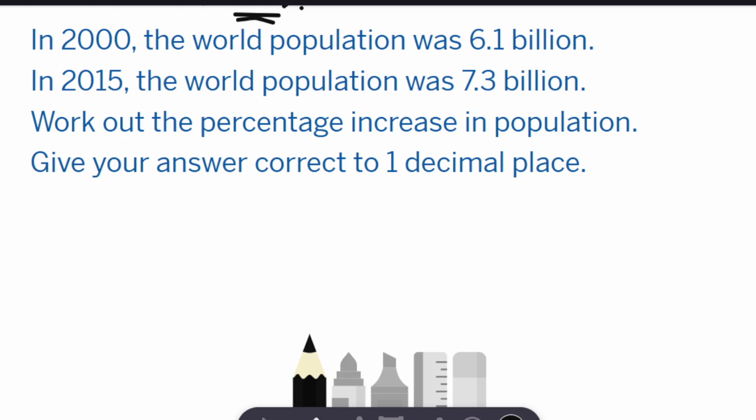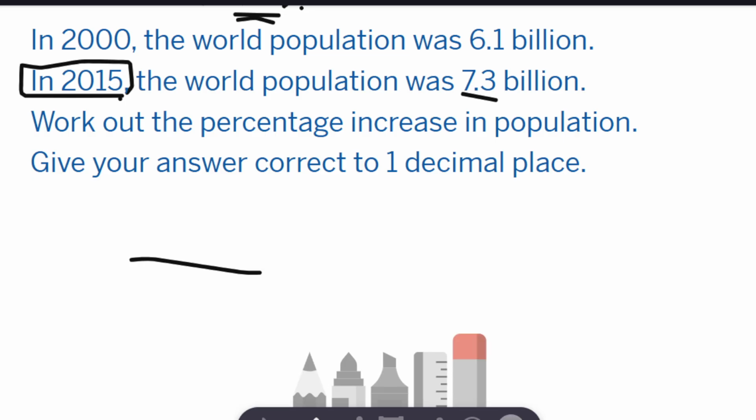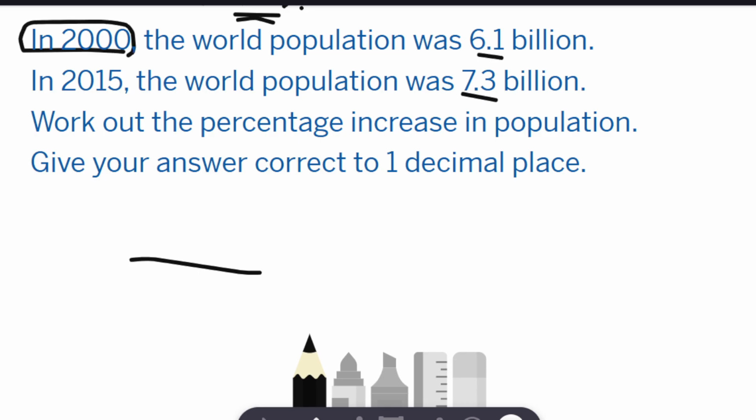Work out the percentage increase in population. Alright, so 2015 is older, so this is the original amount. So we'll divide by the original, which is 7.3. No, that's a mistake. 2000 is older, so that's the original. So 6.1 is the original.